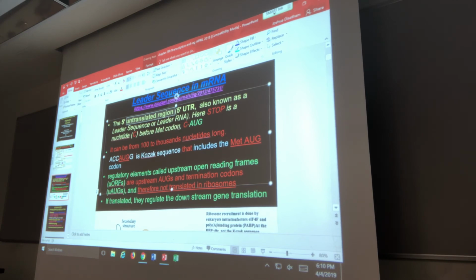This is where you would find things such as the Kozak sequence and other really complicated regulatory elements that regulate how mRNA is metabolized in eukaryotes, but don't worry about that. Bottom line is there's a region on mRNA that isn't translated sometimes. That is where the Kozak sequence is.